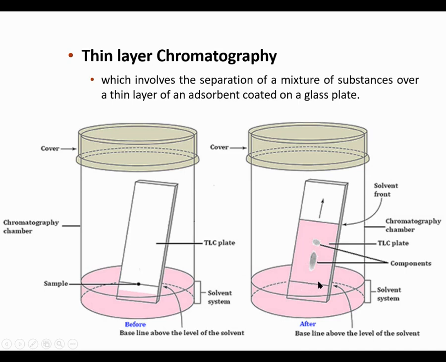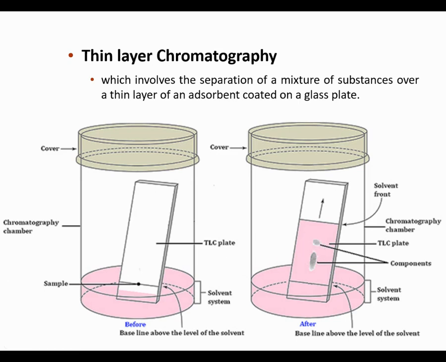So when you measure this after 1 hour, the distance from the baseline to the solvent front is the area where the solvent traveled to. You're going to identify this, and then measure the distance from the baseline to the distance covered by each component that was separated on the TLC plate.